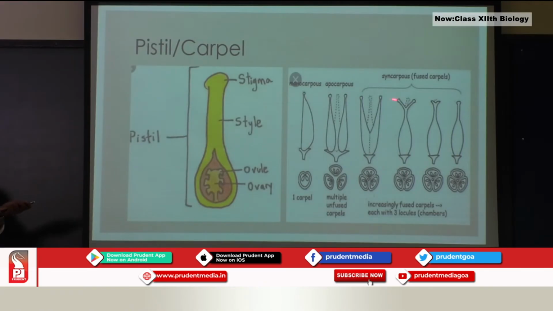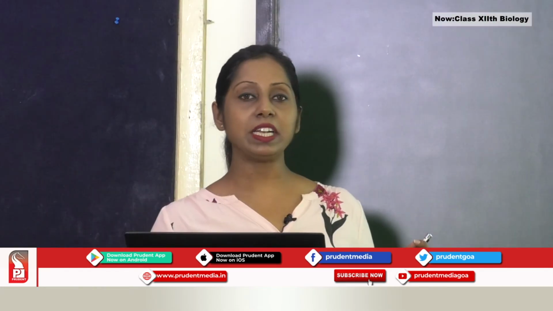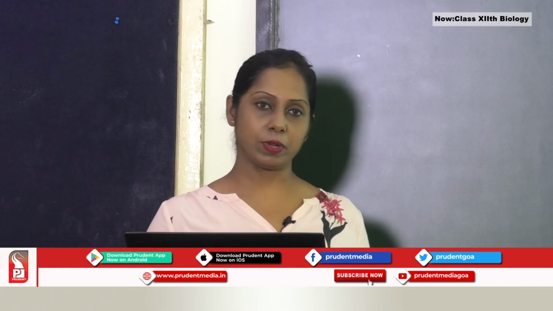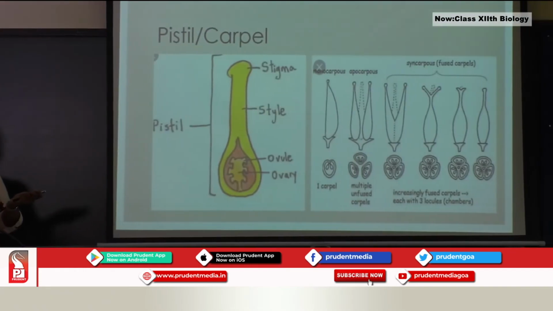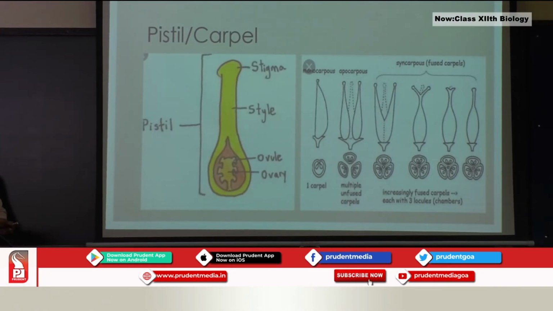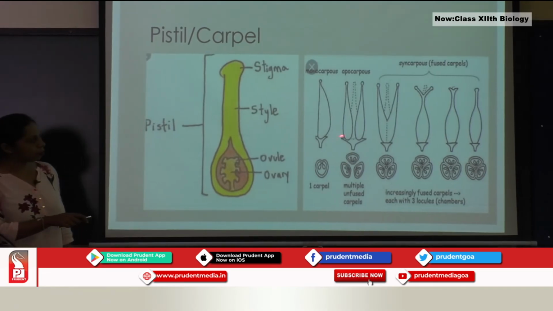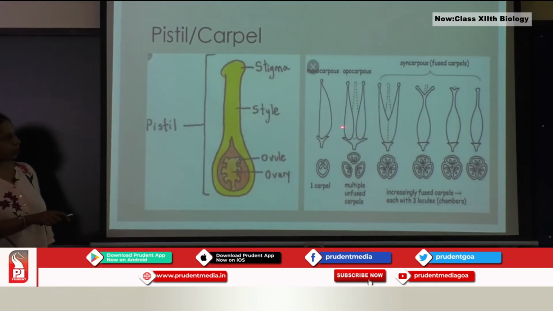So you could either have multicarpillary apocarpous condition or multicarpillary syncarpous condition. Multicarpillary apocarpous condition meaning, as you can see over here, how many carpels are shown to you in this figure? You can see 1, 2, and this is the third one on the other side.